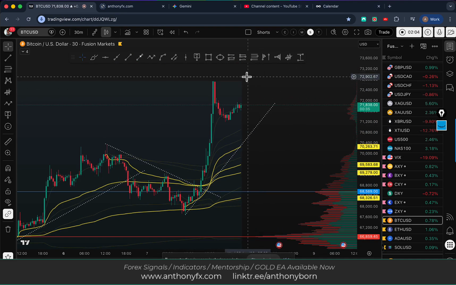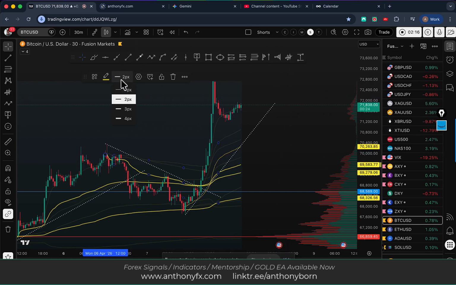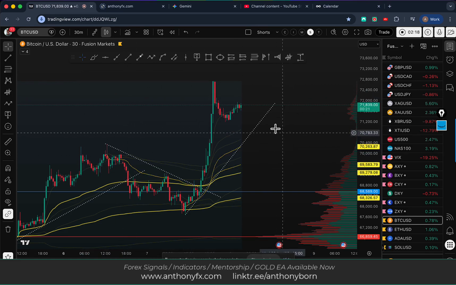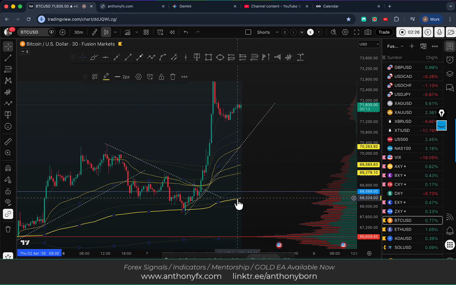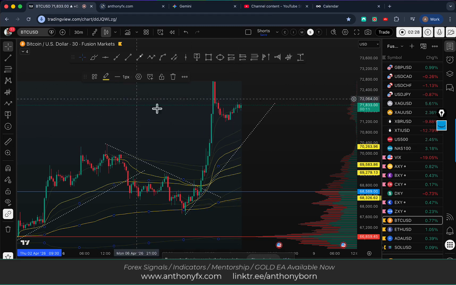Let me just reduce the thickness of these for a little bit, and I'm just going to plan out a trade. Basically, I'm always looking to map out the chart with these tools and plan my next move.